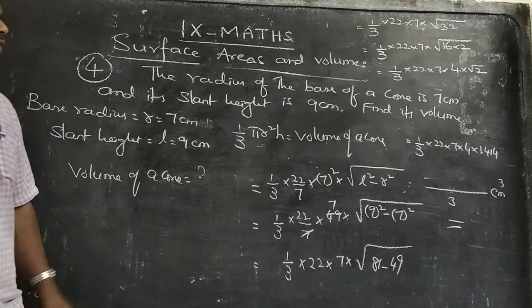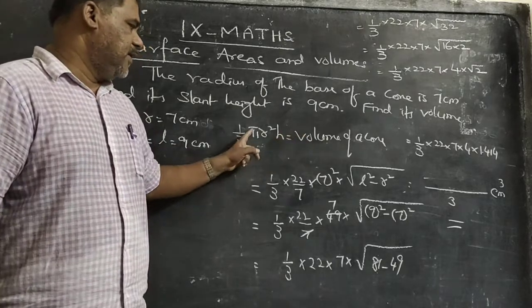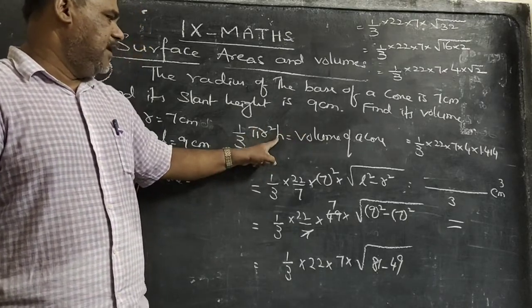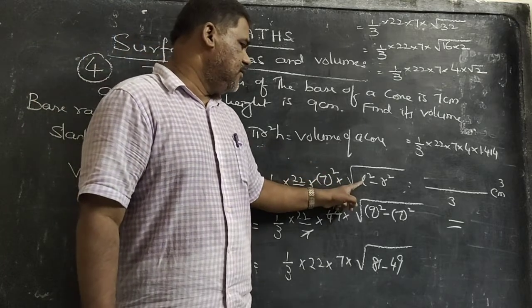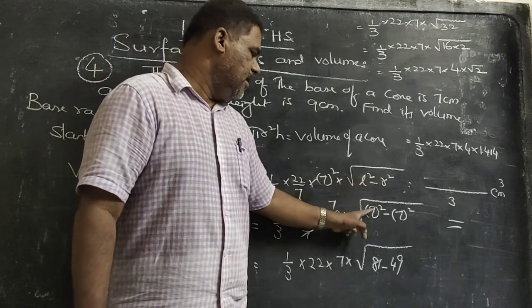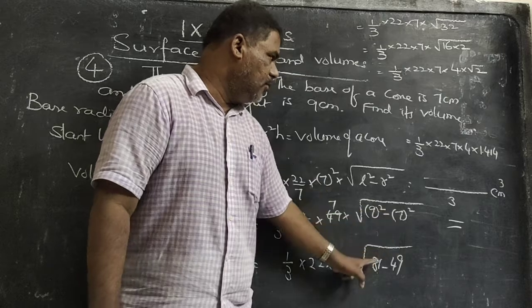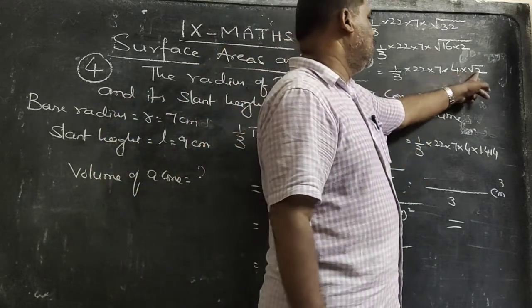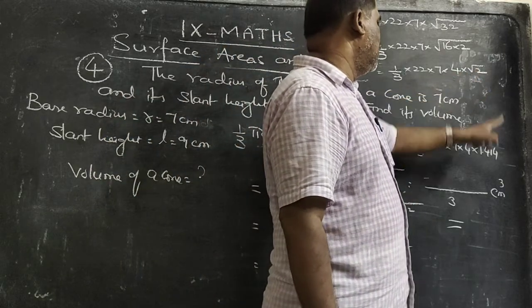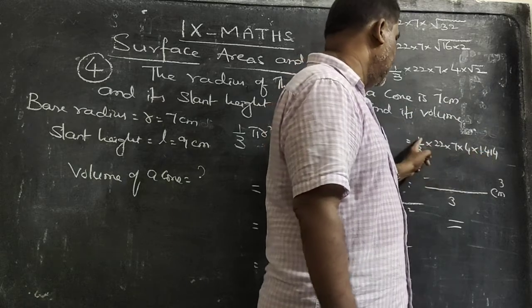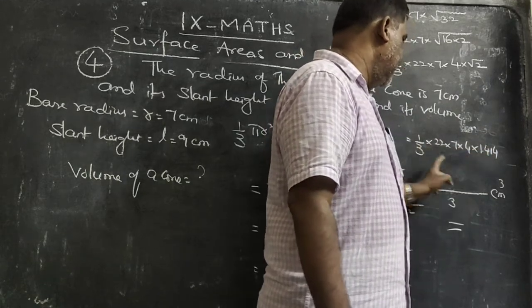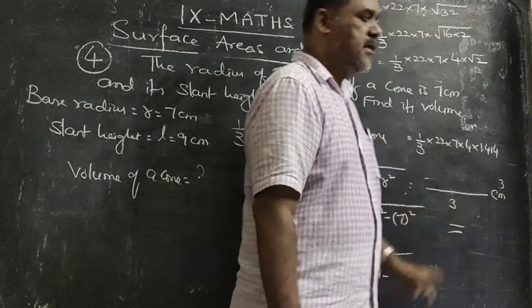So volume of a cone is equal to 1 by 3 pi r square h. If you don't know h, h is root of L square minus r square. Here you substitute L and r values, you will get h as root 2. In place of root 2 you write 1.414, multiply the numerator and write the denominator 3 as it is. This is the answer.